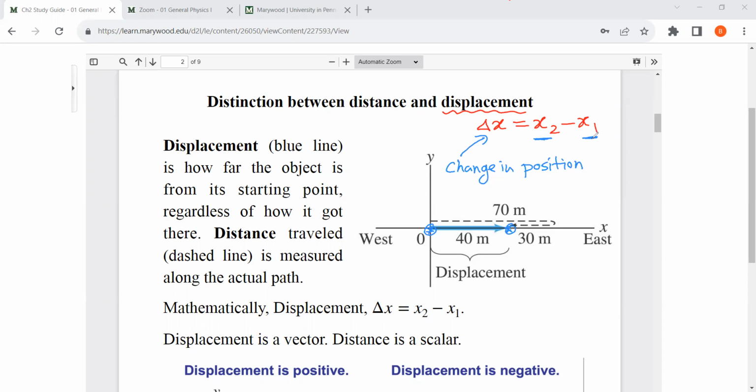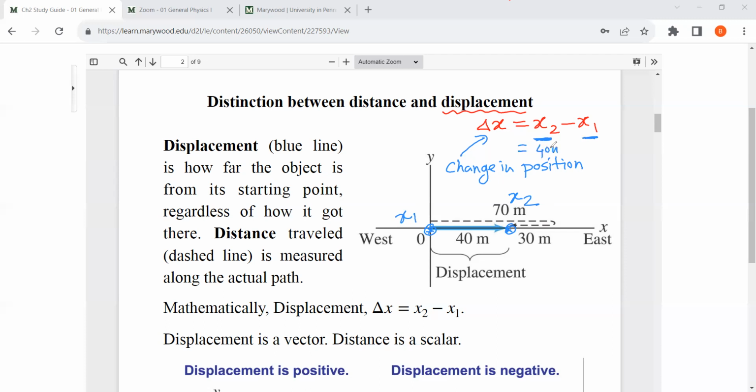So delta x, or displacement, is basically the change in position, and change in position is equal to final position minus initial position. Okay, so remember that it's not initial minus final, it's final minus initial. So x2 is final position, x1 is initial position. So in this case, you see that this distance is 40, right?